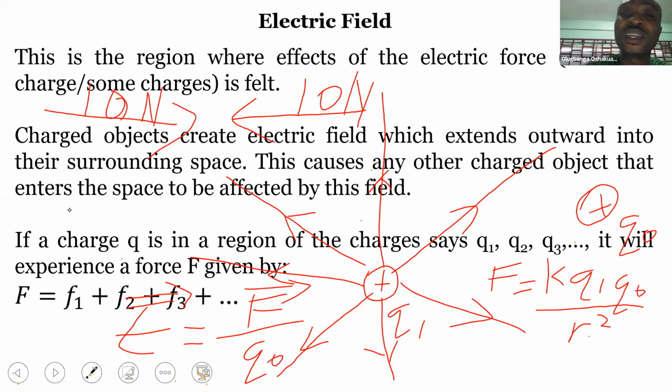So as you move away, the strength that is felt as the result of the presence of this charge drops rapidly. And when you move closer, it increases rapidly. Also, this particular charge, its magnitude also determines the strength. So the larger the magnitude, the larger the strength that is experienced.